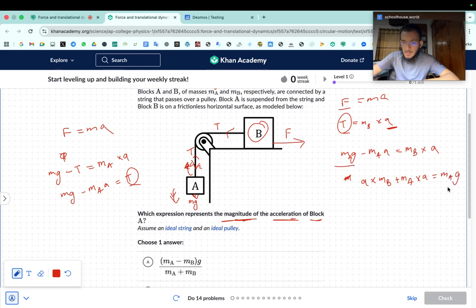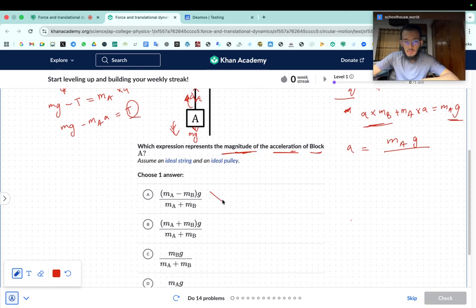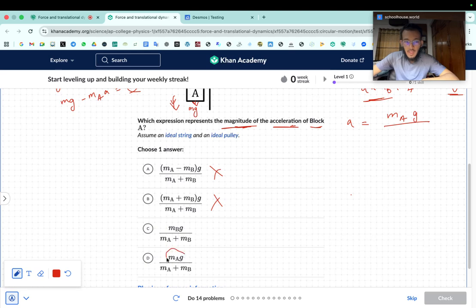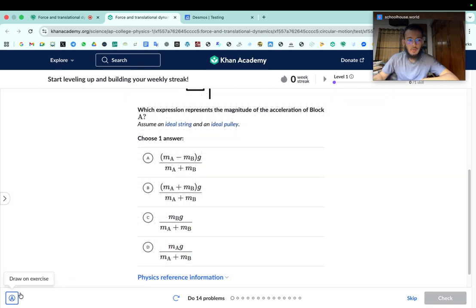We add ma times a to cancel this out and come with the term mb times a. So we can take a common from here, and we have m of A g upon, and these two will be cancelled out. We have m of A and not B. So D is our answer, and it would be mb plus ma.